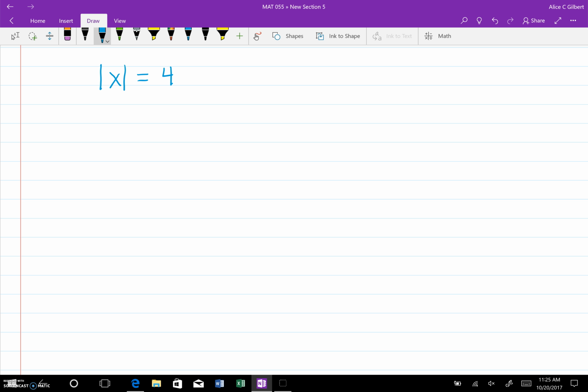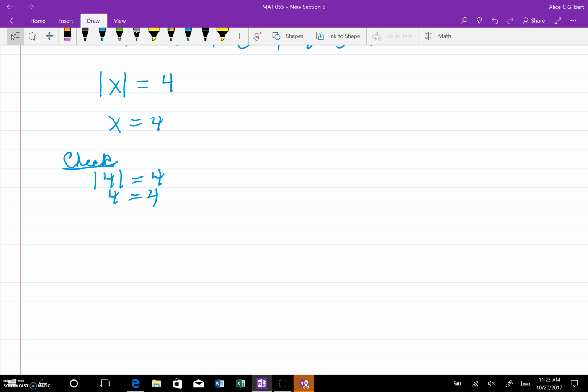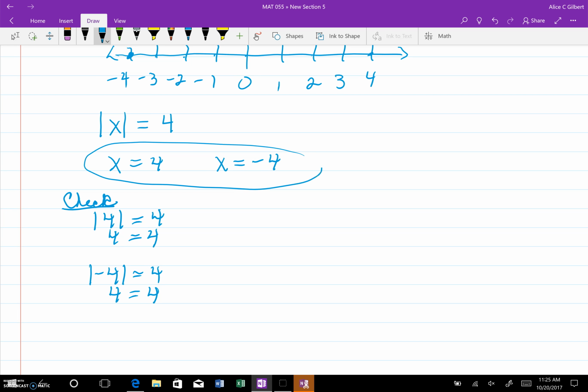Okay, so our x could be 4 because when I check this, the absolute value of 4 is 4. And does 4 equal 4? It absolutely does. However, it could also be -4 because the absolute value of -4 is 4. So x could be either 4 or -4.